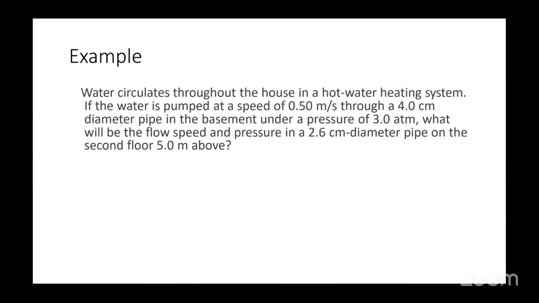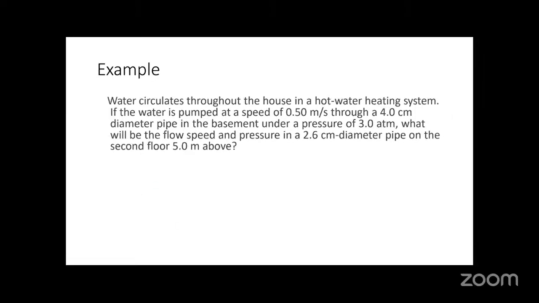So we are going to have A1 V1 is equal to A2 V2. We can get our A1 from the diameter given to us here, and we can get our A2 from the diameter given to us here.